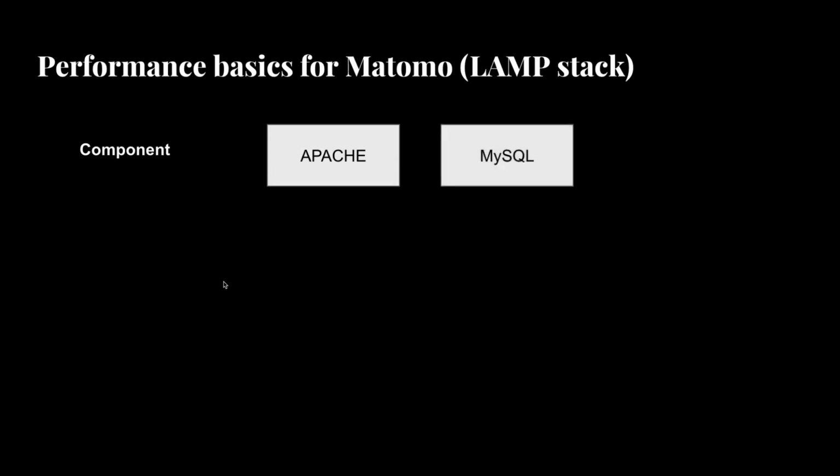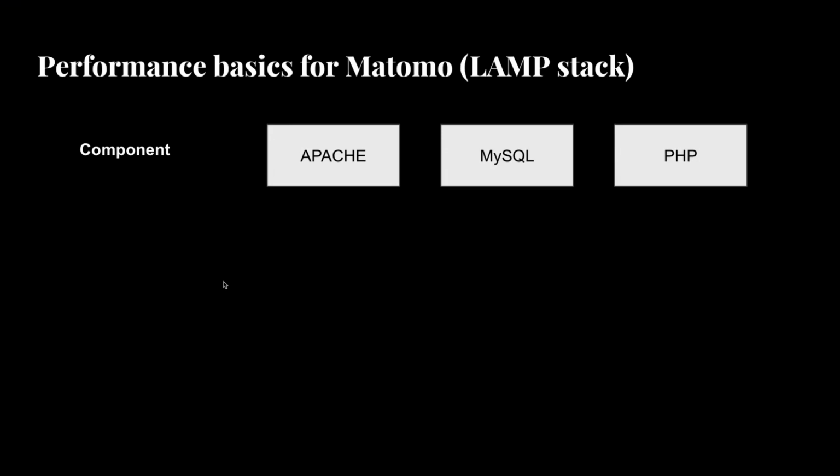In general, you need to understand that Matomo is a PHP application, and we usually refer to that as a LAMP installation. That means we have an Apache web server, we have MySQL, and we have PHP.